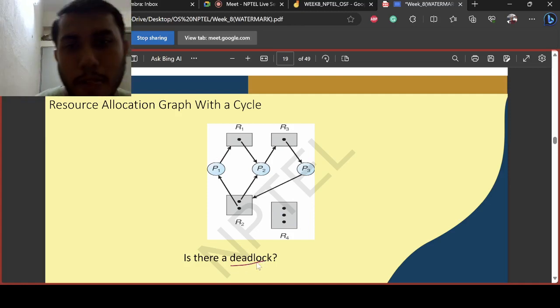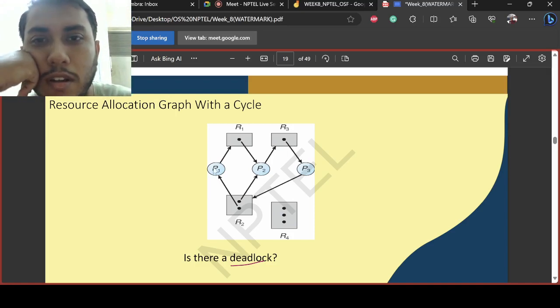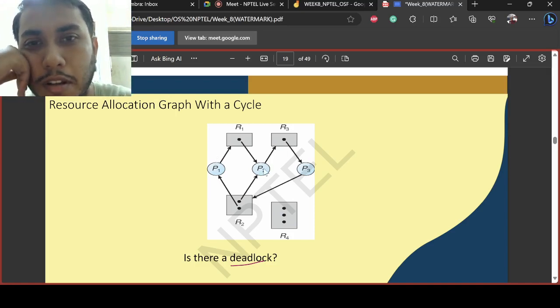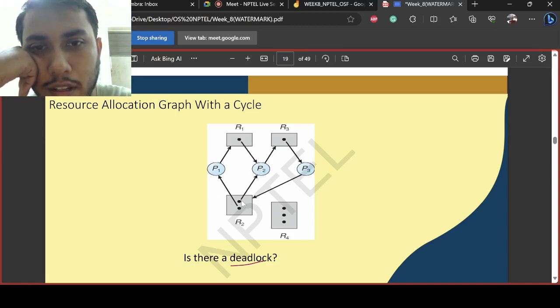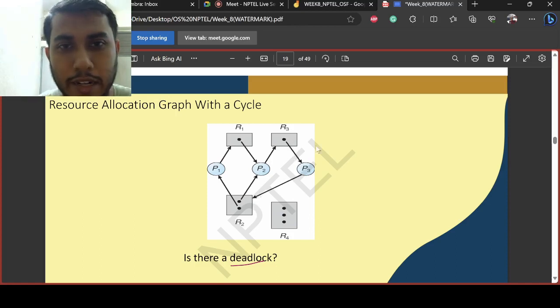Now here you see P1 is currently holding on to R2 and is requesting R1. R1 is currently held by P2, and P2 is currently also holding R2 and is requesting R3. Now then there is R3: P3 is holding R3 and requesting R2.